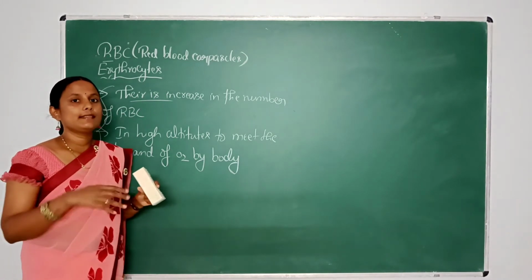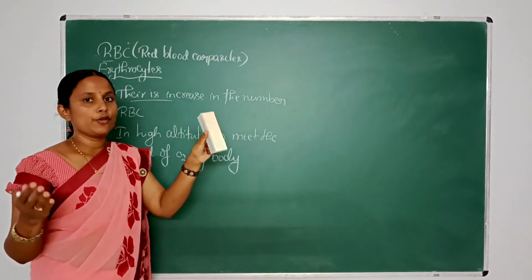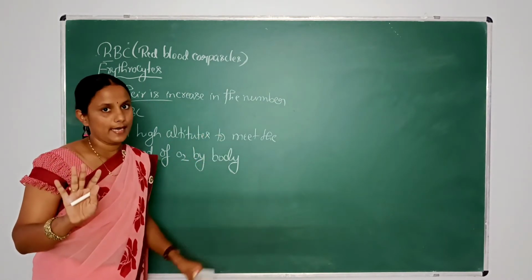If more RBCs are produced in high altitudes and during exercise, that is a normal case.